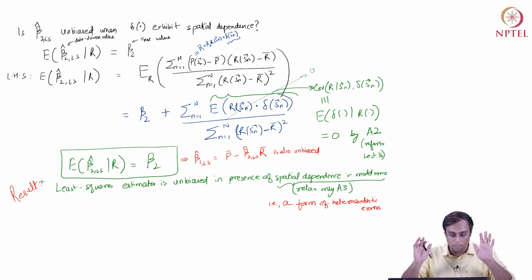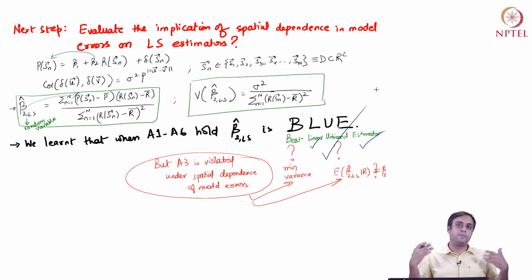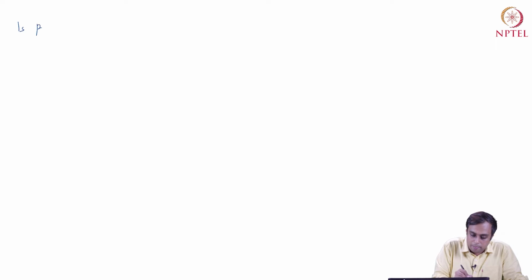Okay, so I have figured that I am also going to have unbiasedness so far as the presence of spatial dependence is concerned, which relaxes assumption A3. As a next step, we are now going to ask: is beta hat 2 LS the best?